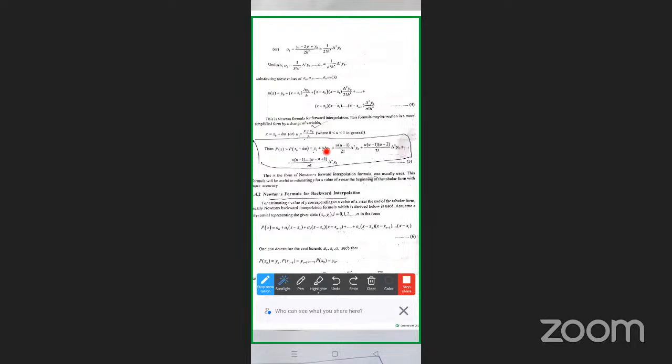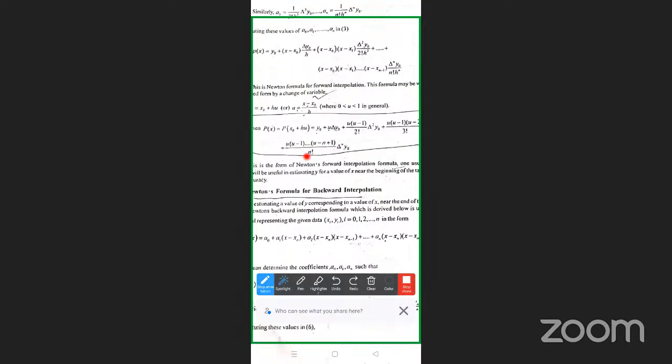So Newton's forward interpolation formula. P of x is equal to P of x naught plus h into u, that is equal to y naught plus u into delta y naught.